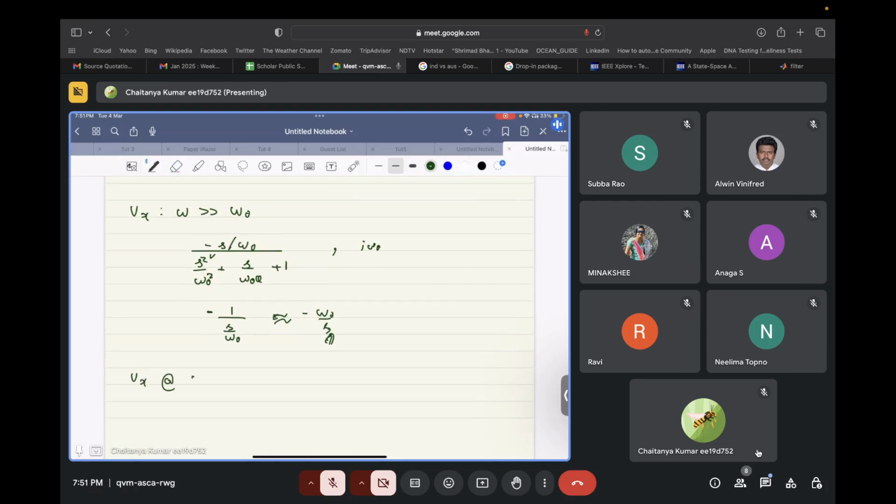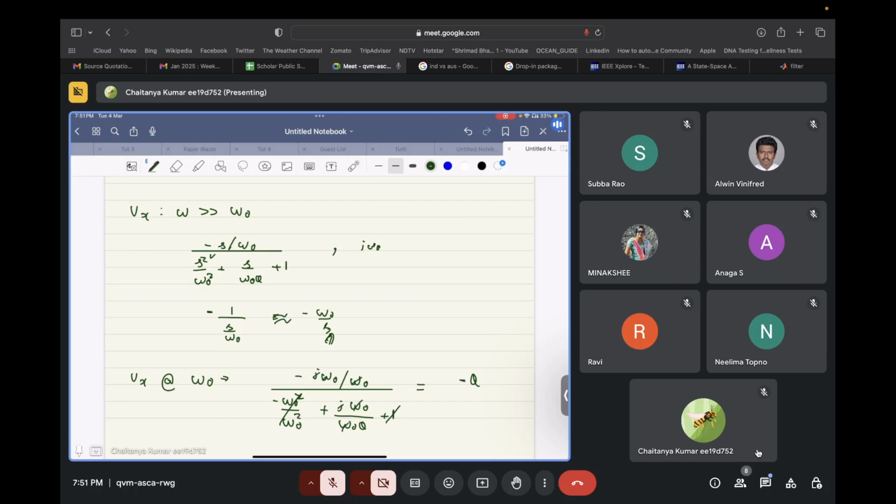Vx at omega naught: we have minus j omega naught by omega naught, divided by minus omega naught square by omega naught square plus j omega naught by omega naught Q plus 1. The minus 1 and 1 will cancel, the omega naughts will cancel each other, and j will cancel.